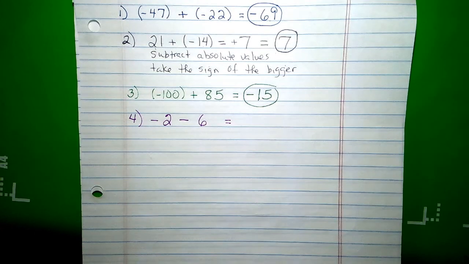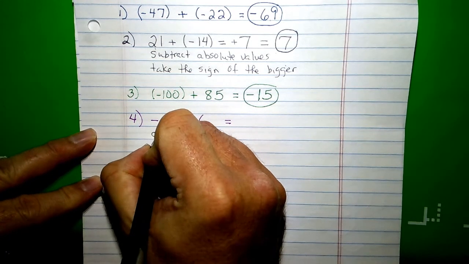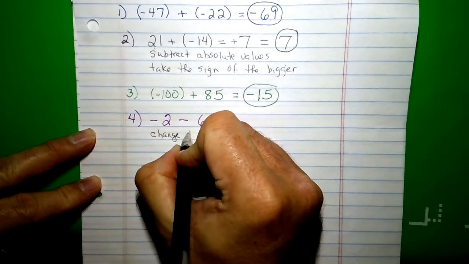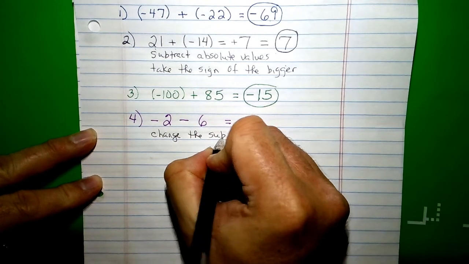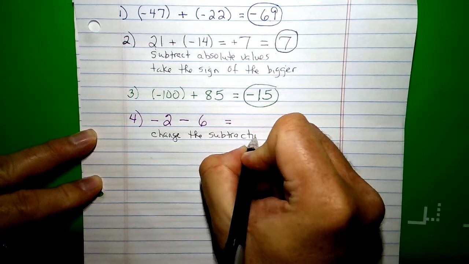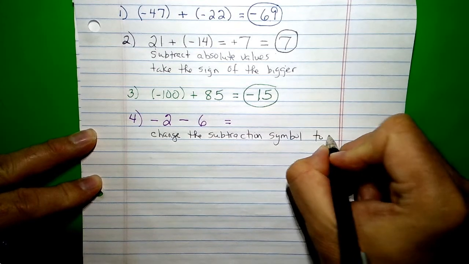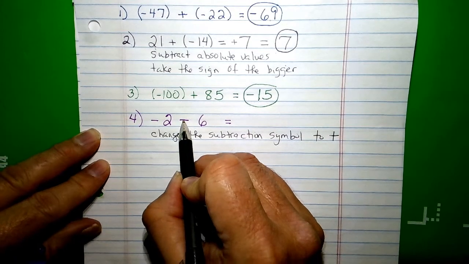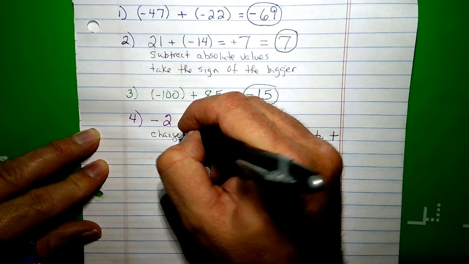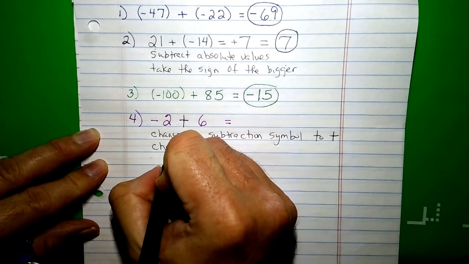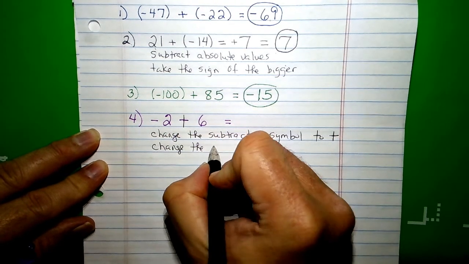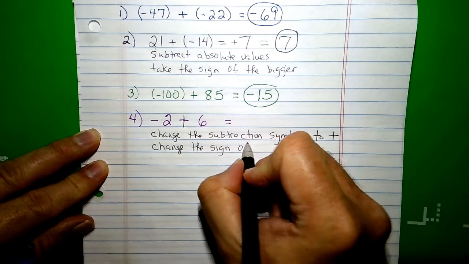Well, to subtract signed numbers, the first thing you do is going to seem a little strange. Change the subtraction symbol to plus. So change the subtraction to a plus, and then change the sign of the second number.